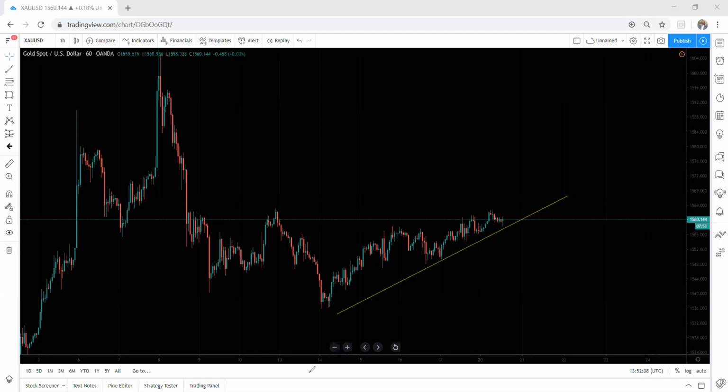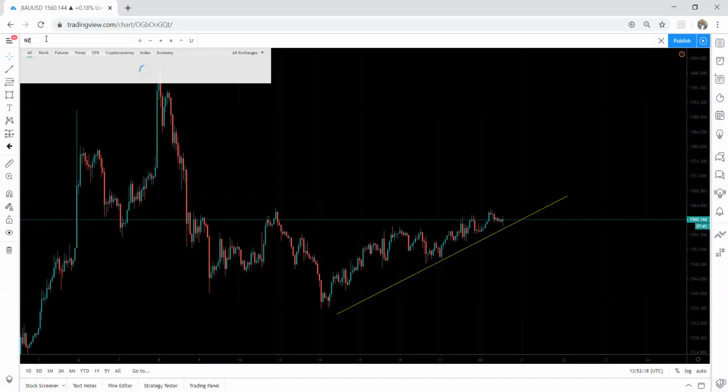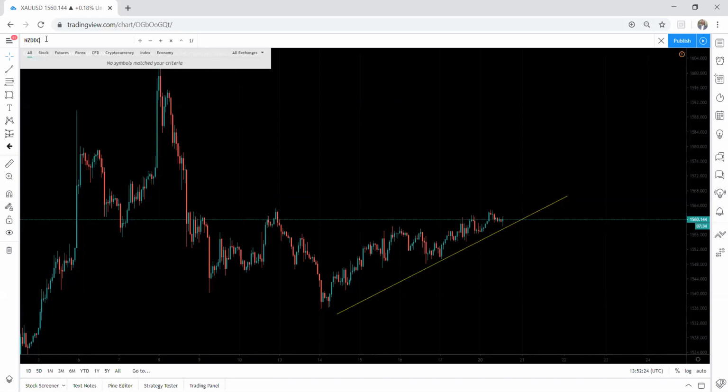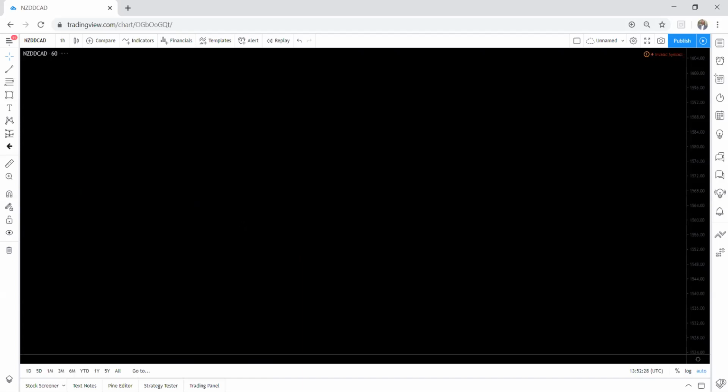Okay, now the next thing we'd like to look at is to check the USD card. Let's check NZD. Check NZD card.